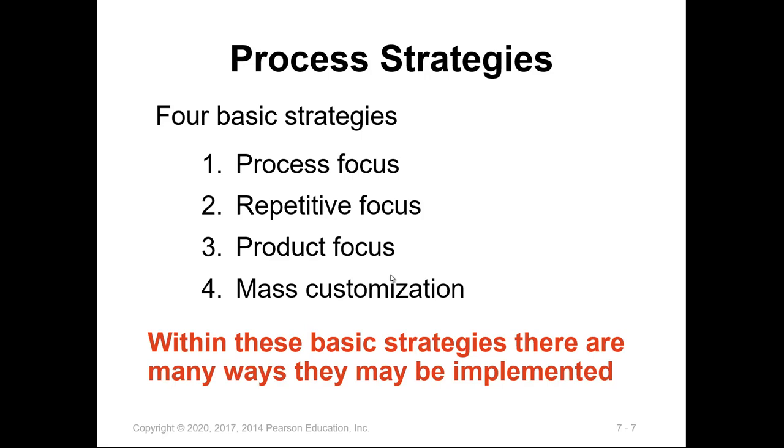The product focused strategy stresses high volume, low variety, where facilities are organized around the products, such as glass, paper, and light bulbs. These processes are also called continuous processes because they have very long continuous production runs.